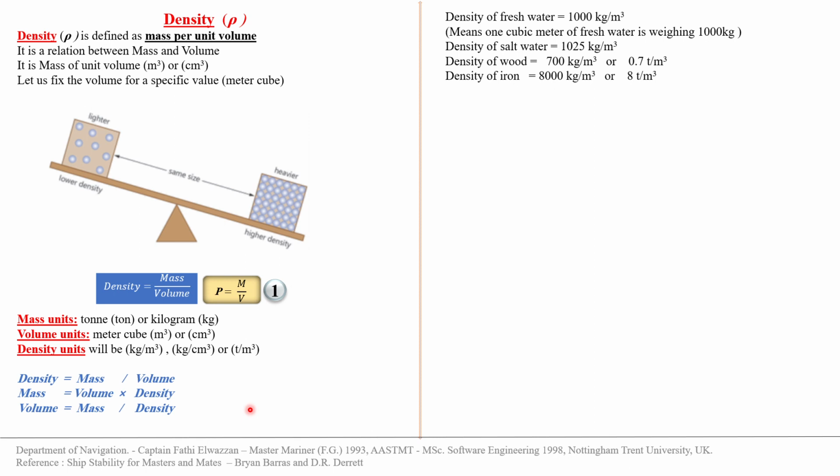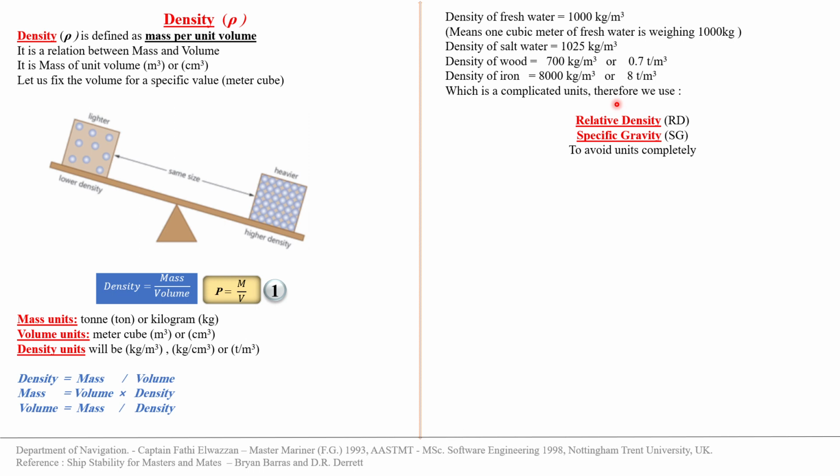The unit of mass is a simple unit: ton, kilogram, whatever. Units of volume are very simple. All units here are very simple except units of density. Units of density are a little bit complicated, and we need to skip these units.